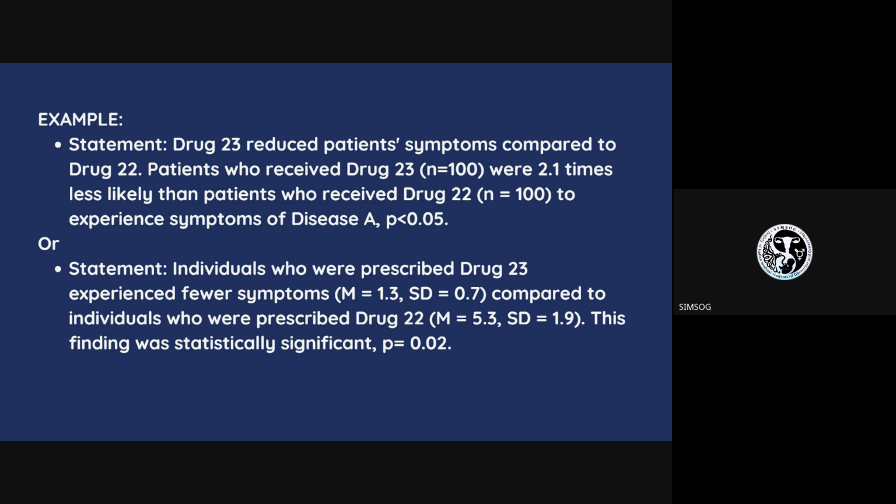Or let's take another example, where individuals who were prescribed drug 23 experienced fewer symptoms compared to individuals who were prescribed drug 22. This finding was statistically significant with p of 0.02.